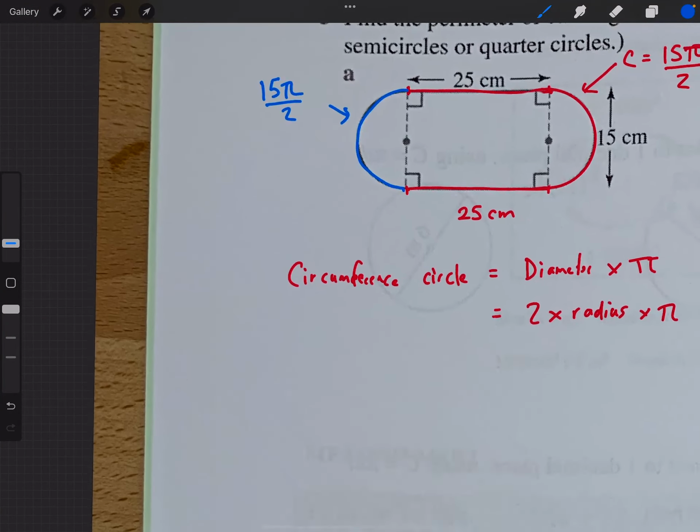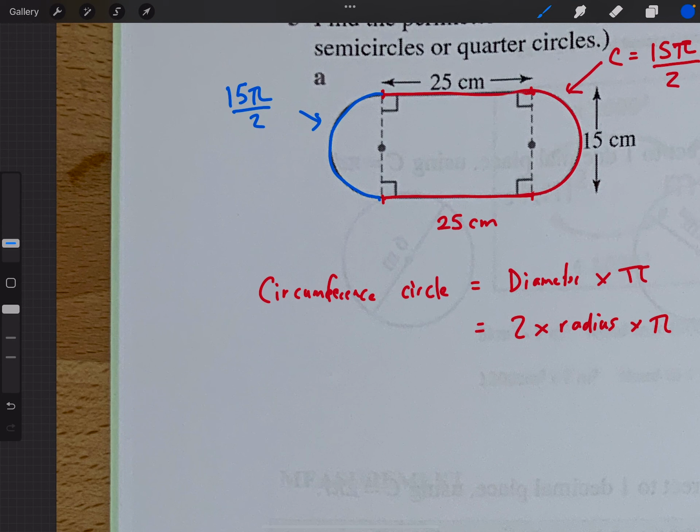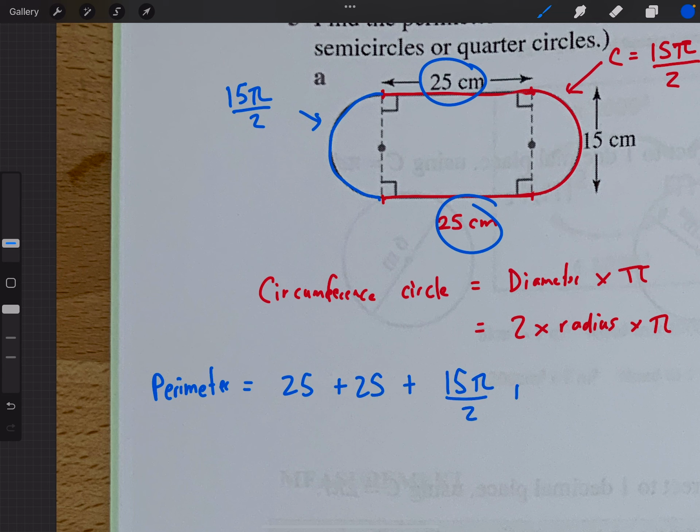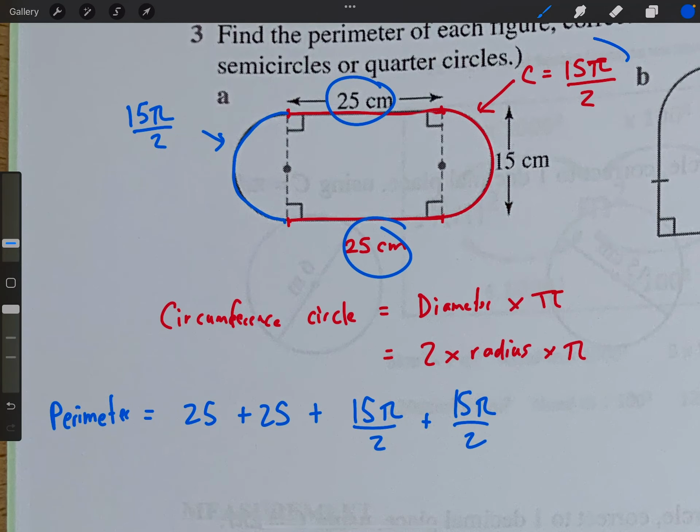So that means the perimeter of this shape is equal to 25 plus 25, plus 15 pi on 2, plus another 15 pi on 2. So we're going to add that and add that.